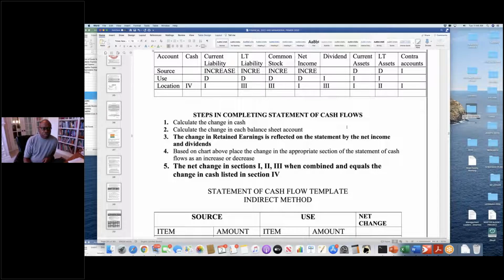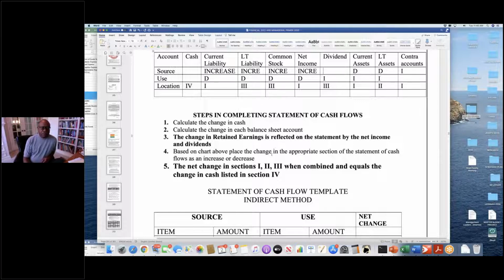So how do we complete the statement of cash flows now? We calculate the change in cash. That's the answer. We calculate the change in each balance sheet account. The change in retained earnings is reflected on the financial statement by the net income and dividends.